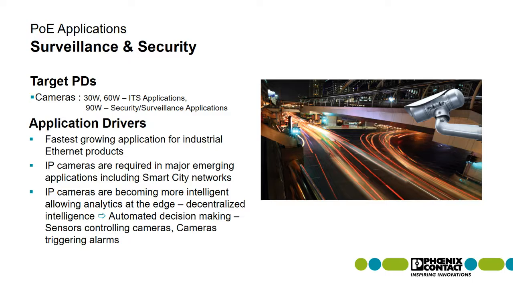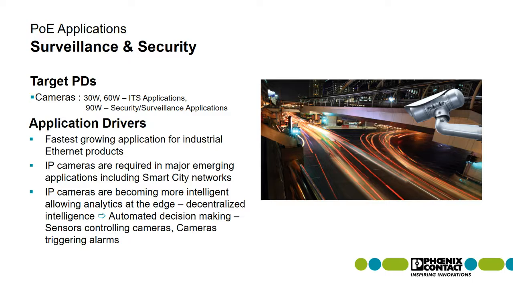The main target PDs in this are cameras, and what we're seeing here is the need for the high-powered Power over Ethernet in a lot of security and surveillance systems. We're seeing the need for 30 and 60 watt systems in ITS applications. We're seeing a lot of high-end security devices that are created that have the need for higher power.